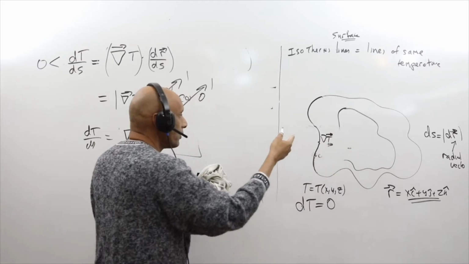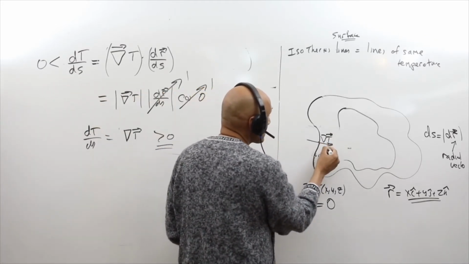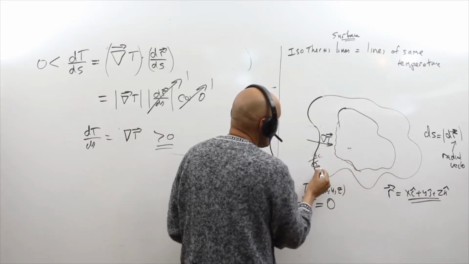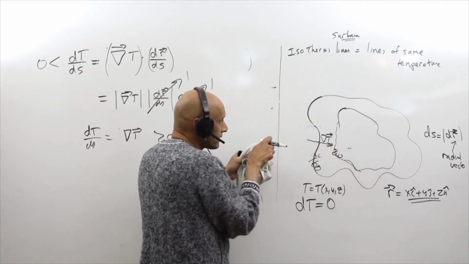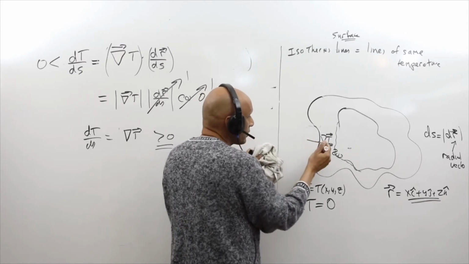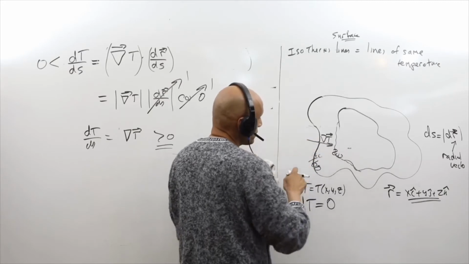So from earlier analysis, we know it's perpendicular, but now we know what it really means. It's pointing in the direction of increasing temperature. So if this is 100 and this is 200, then that directional derivative, traveling along that line, the gradient of T means that it's increasing perpendicular and it's increasing towards the 200.